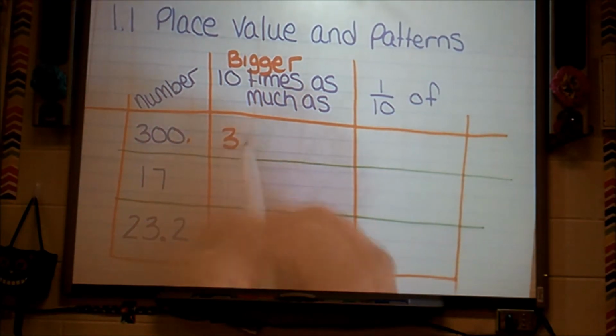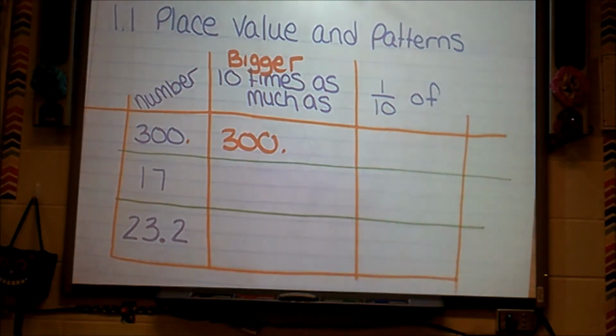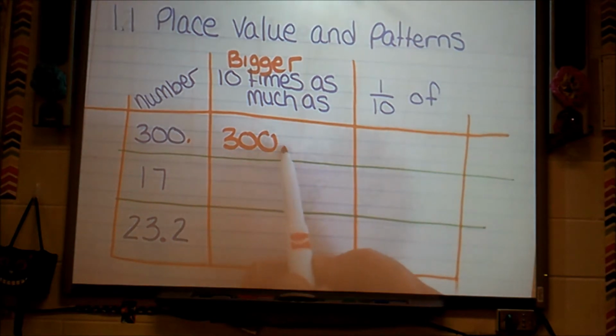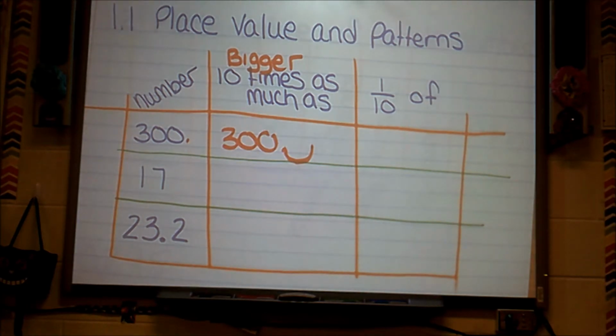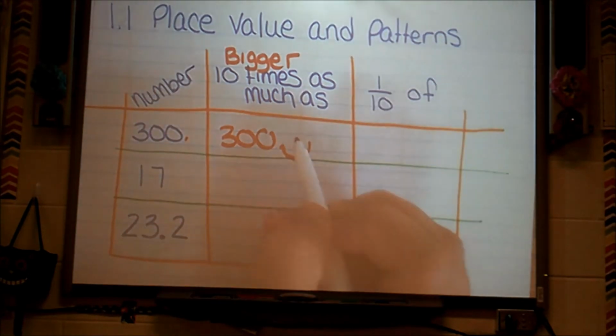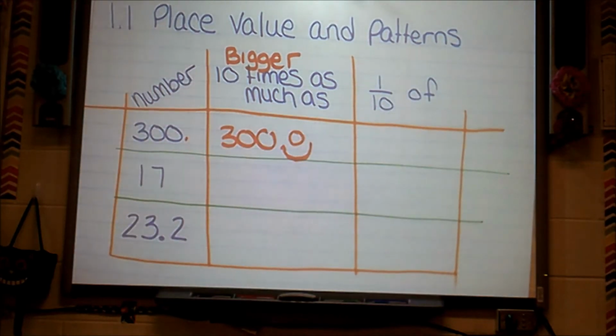I'm going to rewrite my number, take my decimal and make him dance one place value to the right. I'm going to physically move that decimal one place value to the right, and then I fill it with a 0. So a number that is 10 times as much as 300 would be 3,000.